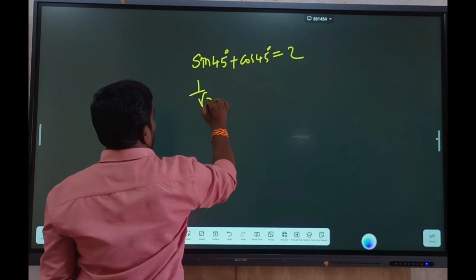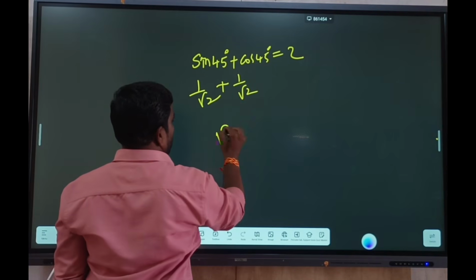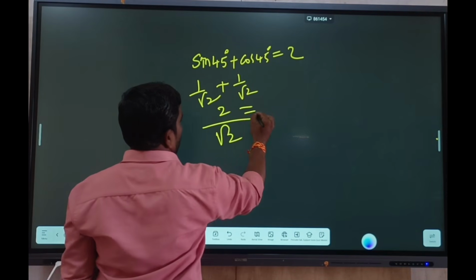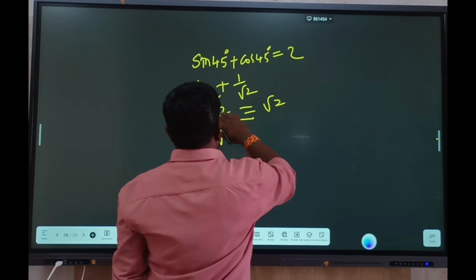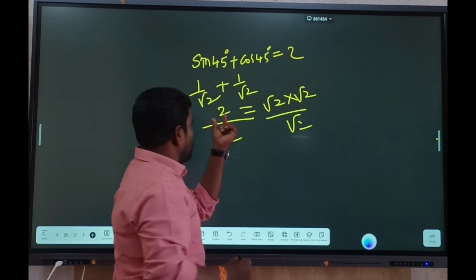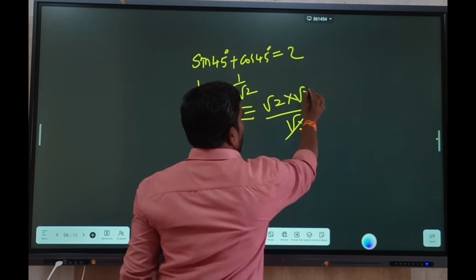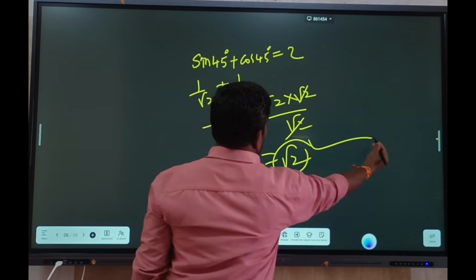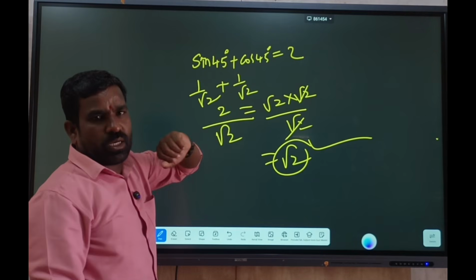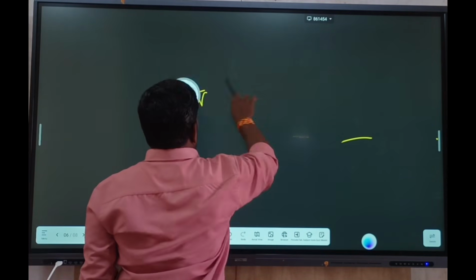Sin 45 is 1 by root 2 plus cos 45 is 1 by root 2. Root 2 is the same, therefore 1 plus 1 is 2. So 2 by root 2. Why? The 2 can be written as root 2 into root 2, so root 2 cancels and the answer is root 2. The answer is root 2. Sin 45 plus cos 45 value is how much? Root 2. The most important shortcut here, very important.